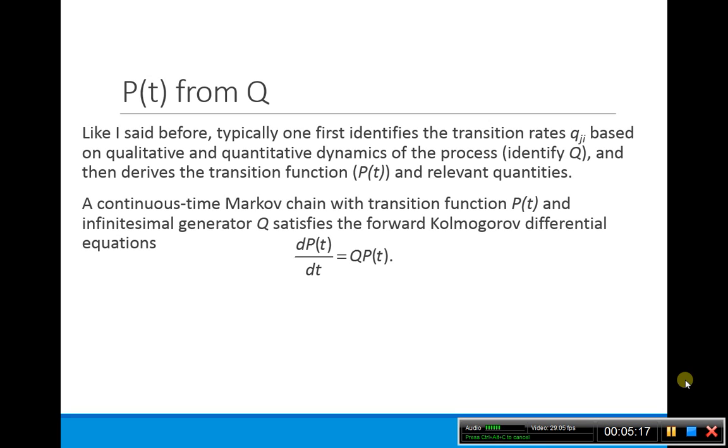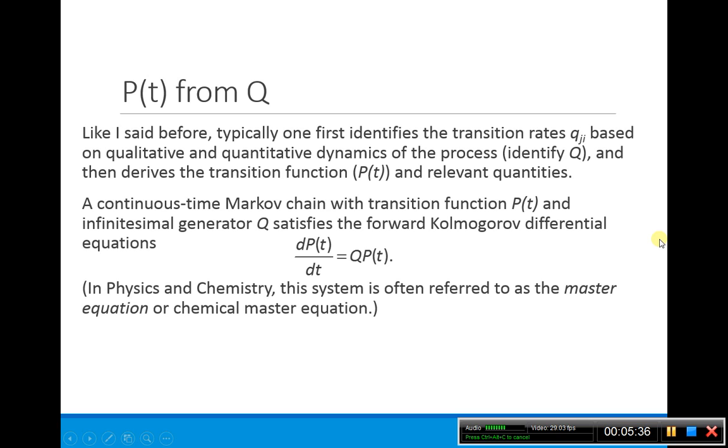So for our continuous time Markov chain, the relationship between P of t and Q satisfies this forward differential equation: dP/dt is equal to Q times P. Remember, matrix multiplication is not commutative, so this Q is on the left-hand side and this P is on the right-hand side. In physics and chemistry, this is often referred to as the master equation or the chemical master equation.